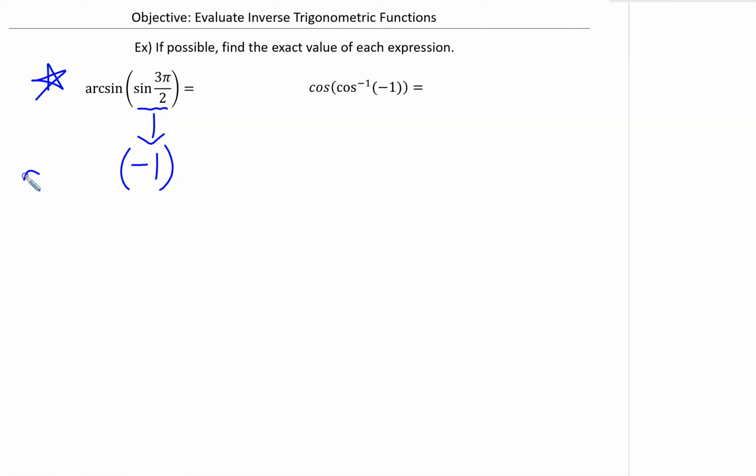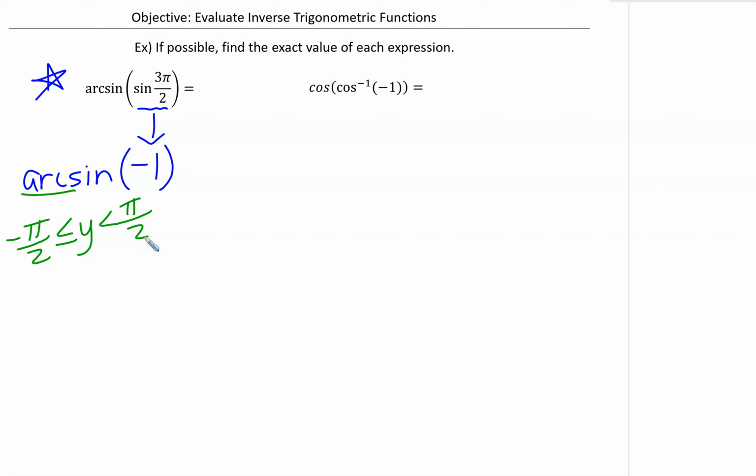So now I have arcsine of negative 1. Now I have to realize I'm looking for an angle because I have an inverse sine function here. And angles for sine are again restricted to the first and the fourth quadrants.